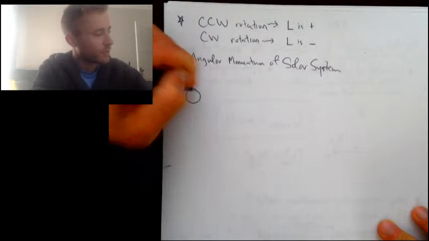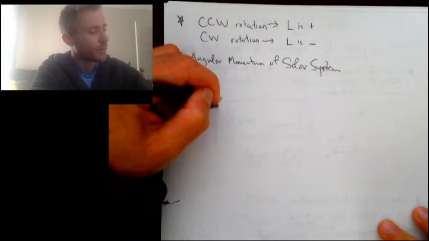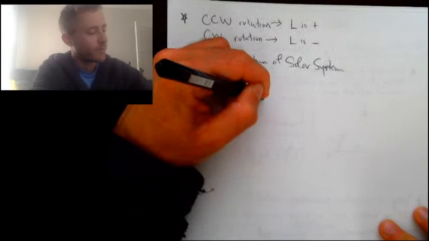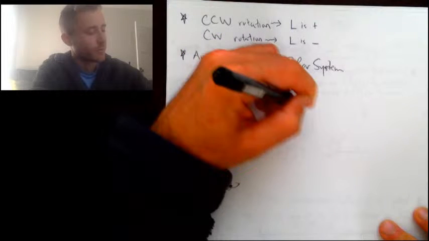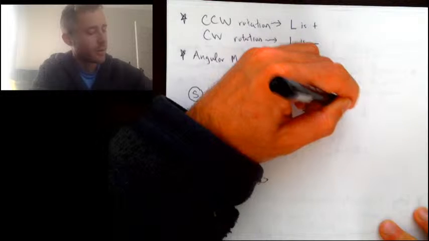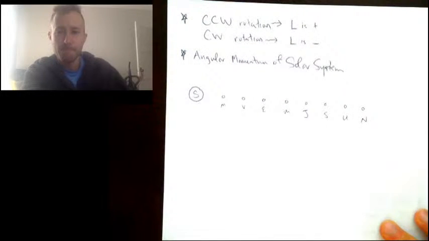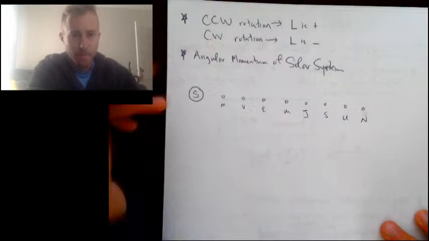But we have the sun. We have Mercury. We have Venus. We have Earth. We have Mars. We have Jupiter. We have Saturn. We have Uranus. And we have Neptune. Okay? And again, this is not to scale.